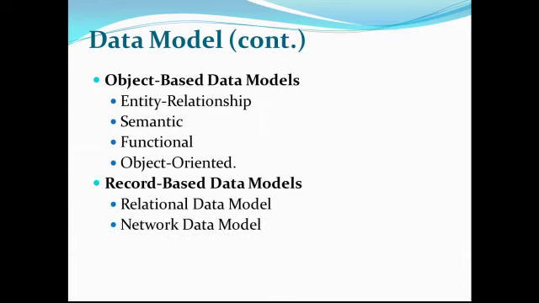The network data model: data is represented as a collection of records and relationships are represented by sets. Compared with the relational model, relationships are explicitly modeled by the set, which becomes pointers in the implementation. The hierarchical data model is a restricted type of network model.